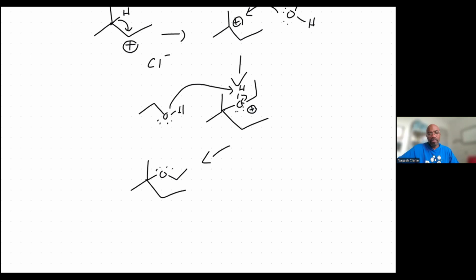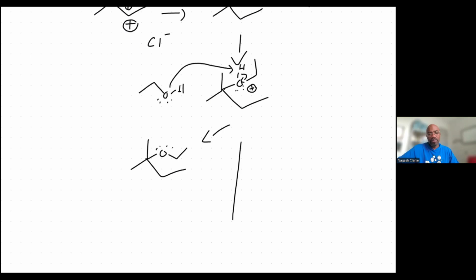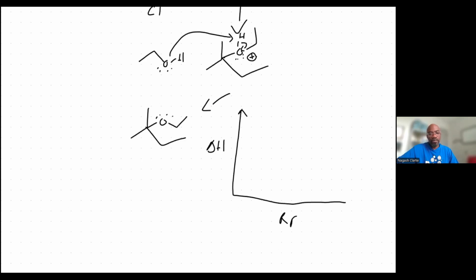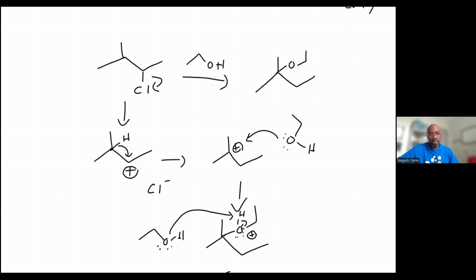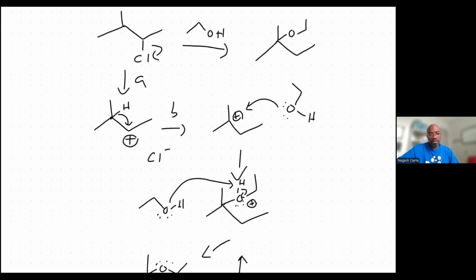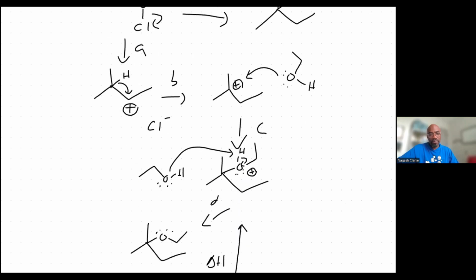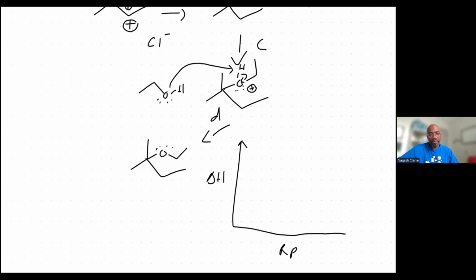So let's look at an energy diagram for this, how the rearrangements look on an energy diagram. First, let me label these here. So step A, B, C. In step A, we have a carbocation formation.